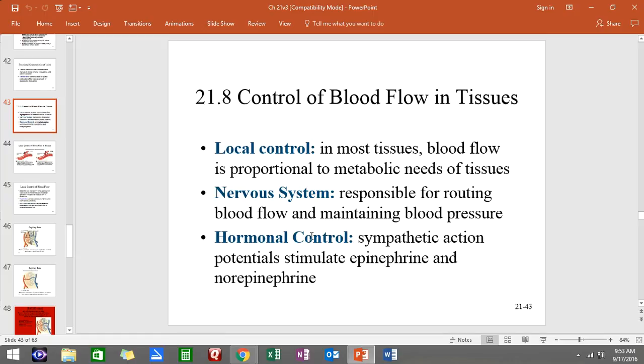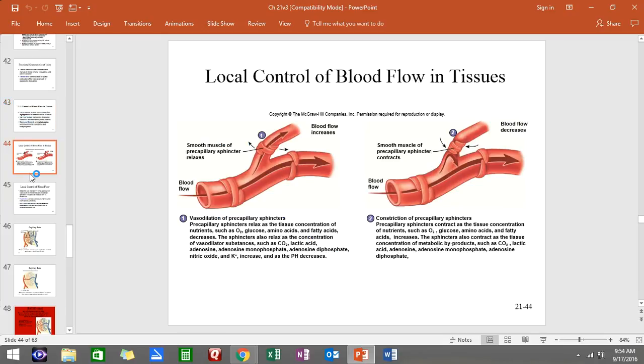Hormonal control, this one's a bit complicated. We'll have to look at this in a little bit. We're going to be talking about renin and angiotensin and aldosterone. These are more long-term blood pressure control as it relates to how salty your blood is and maybe how much urine your body is making.